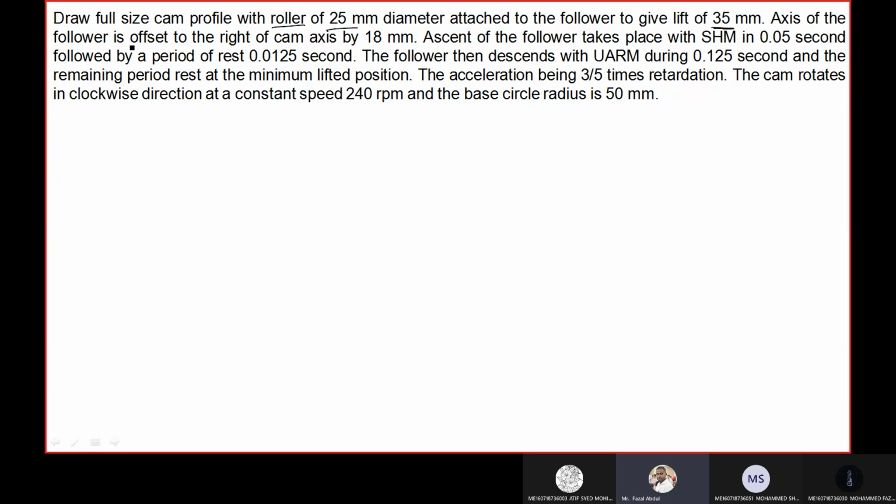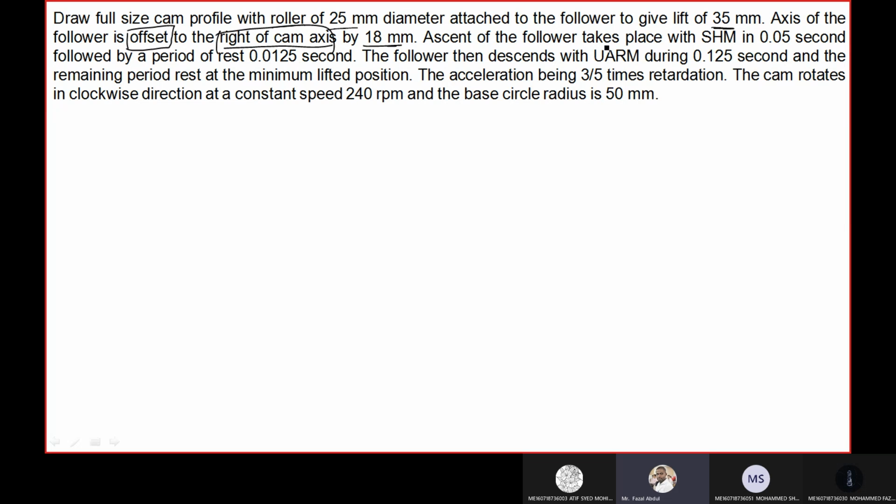Axis of the follower is offset to the right of the cam axis by 18 mm.